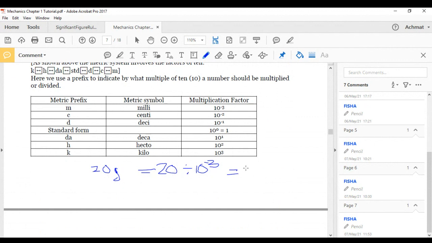So 20 grams would be equal to 20,000, sorry, right? This is 20 times 1,000. Divided by 10 to the minus 3 means times 10 to the 3. Yeah? Confirm your mathematics, please.